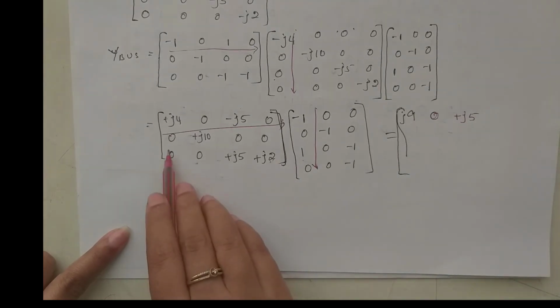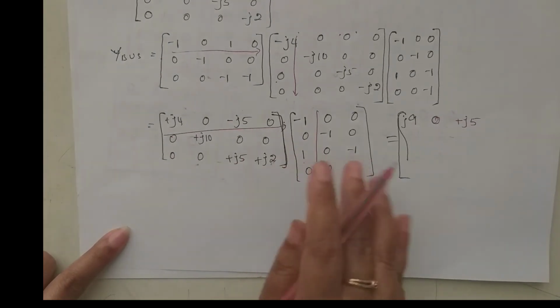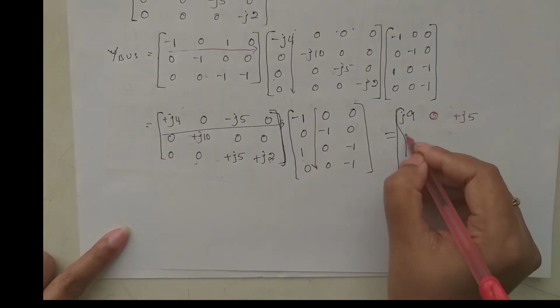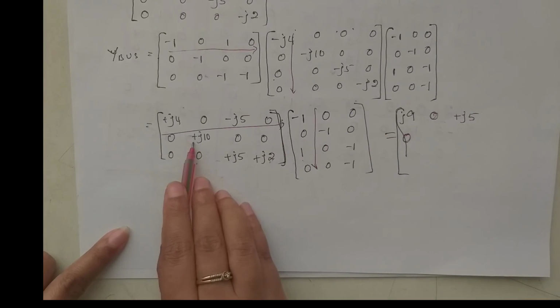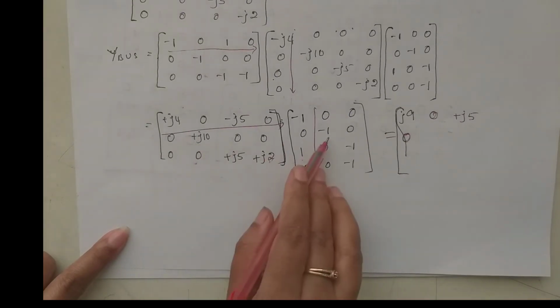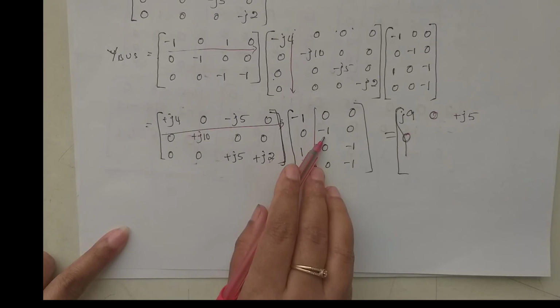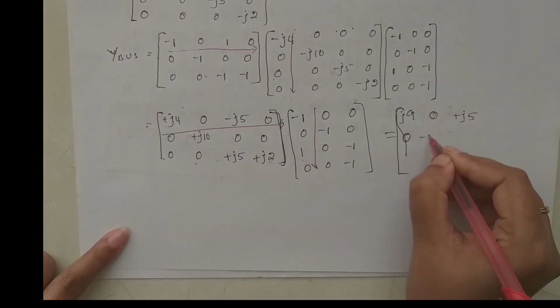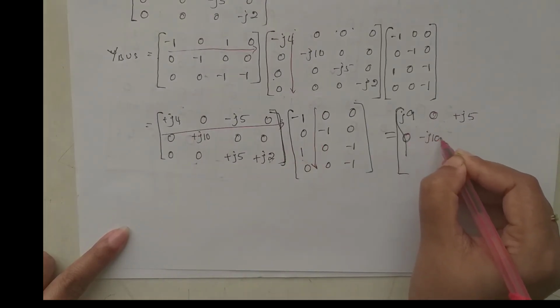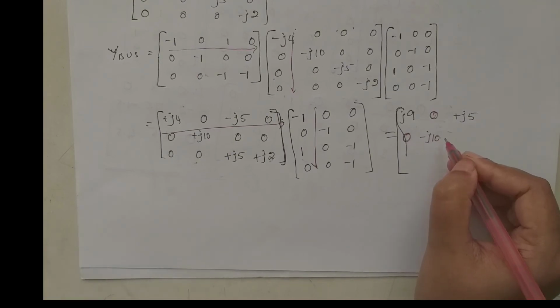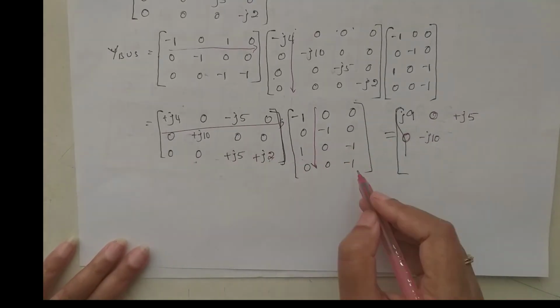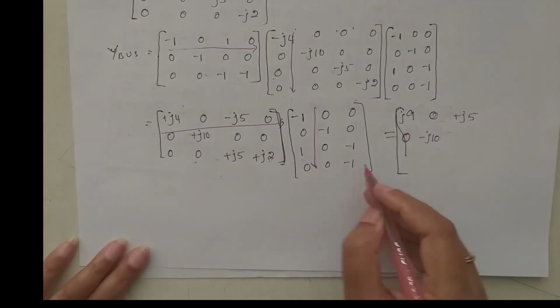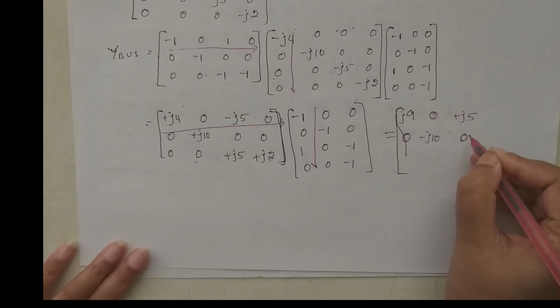Next, second row with the first column it is 0. Second row with the second column, plus j10 multiplied with minus 1, so it is minus j10. Second row with the third column it is 0.